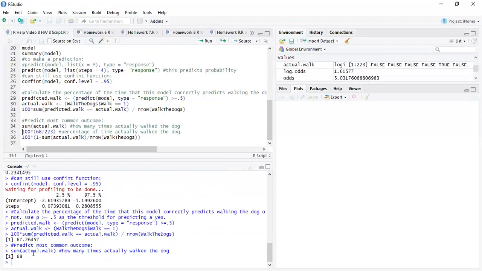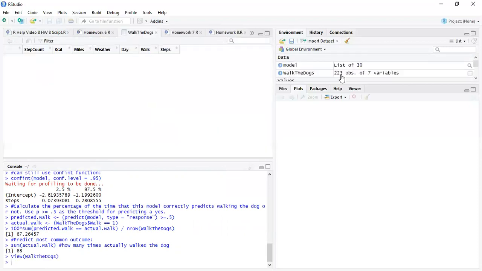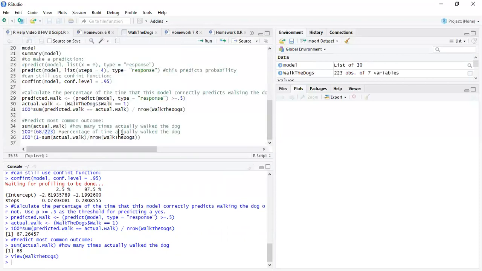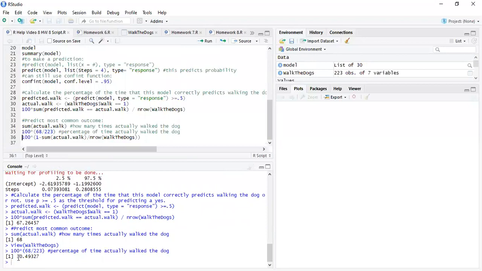And we can see the dog was walked 68 times. However, there were 223 total times in the set, which you can see by scrolling down on the data, 223 observations, or you can scroll down and see all 223. This means we walked the dog 30.5% of the time about.